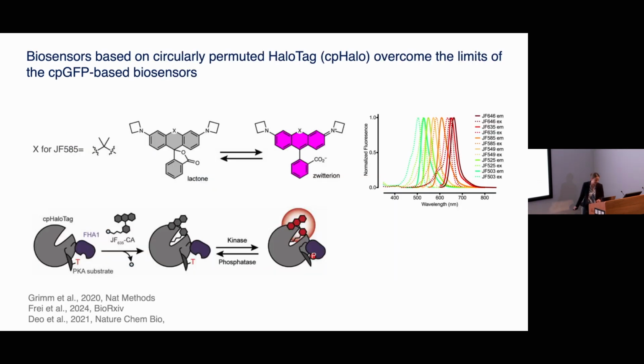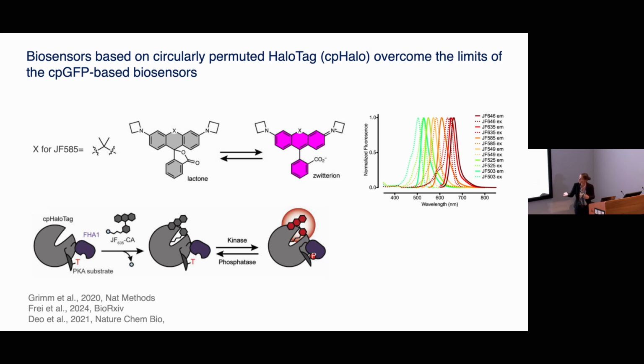And so for that, we focused on another design for these single fluorophore sensors, and this is actually based on a circularly permuted HaloTag. HaloTag has already been talked about a bit this morning. It's this haloalkane dehalogenase, which is mutated in a way that it actually stops halfway through the enzymatic cycle.